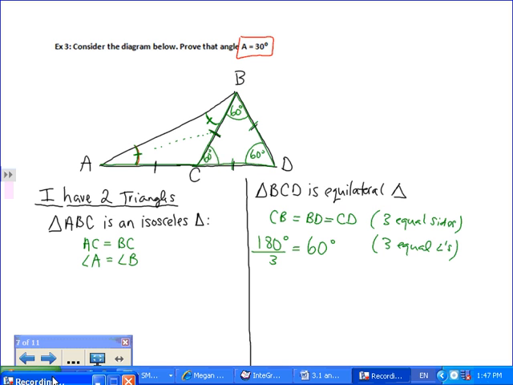Now I can figure out angle A, angle B, and angle C of my other triangle. If I come over here to my isosceles triangle, I know that this angle here, angle ACB, is an exterior angle, and it's going to be equal to the sum of angle B and angle D added together. It's also going to be supplementary to the 60-degree angle that's adjacent to it.